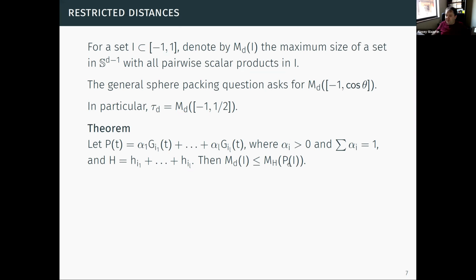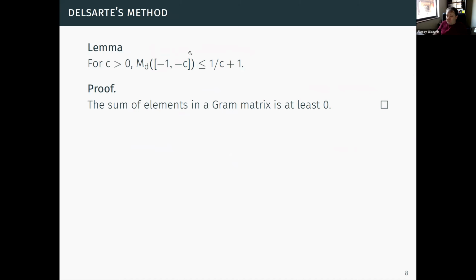Well, first, we can of course explain the method of the Delsarte method using this approach, because a general packing bound like this works in all dimensions. If all our scalar products are from -1 to -c, then the number of points is no greater than 1 over c plus 1.